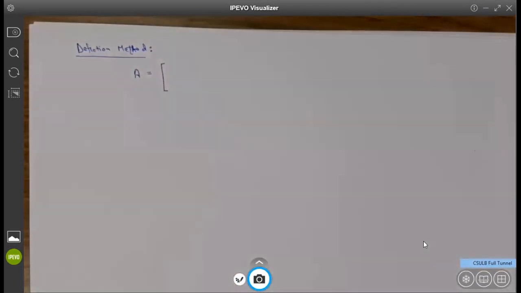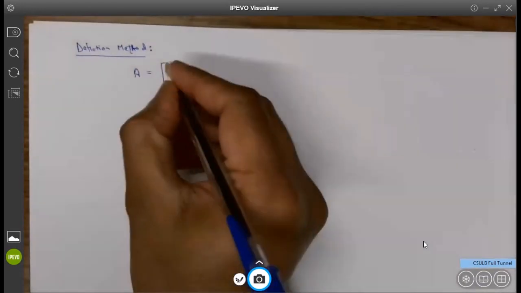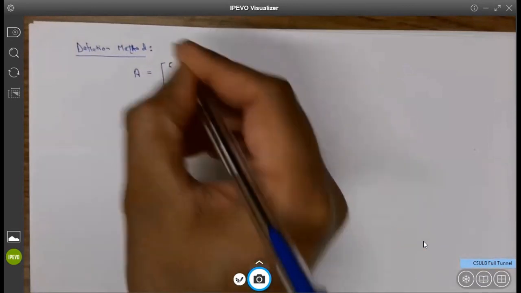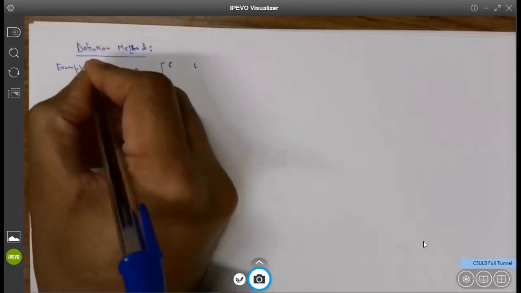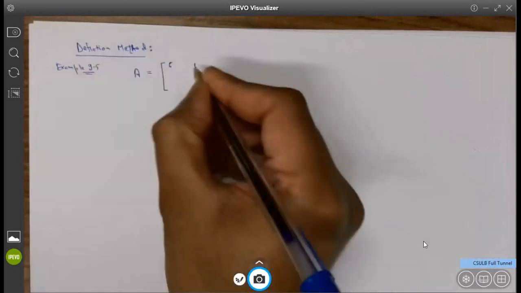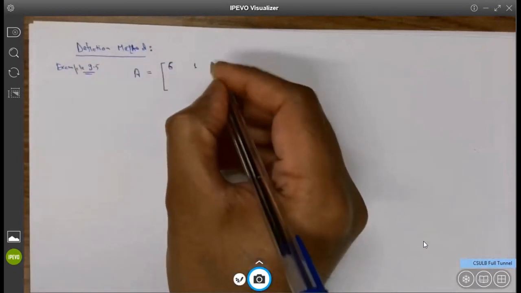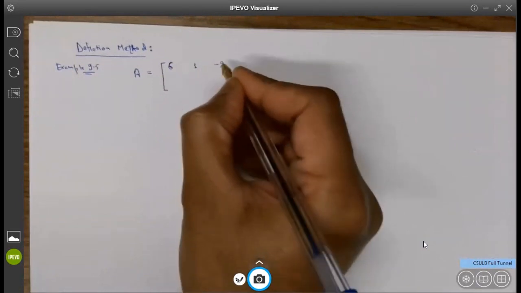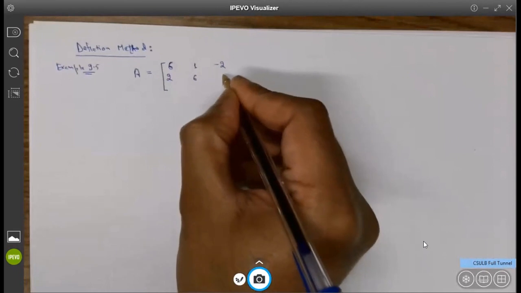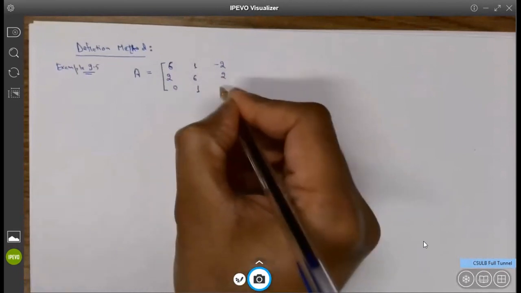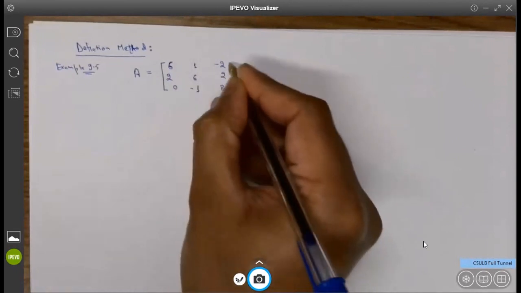So what the deflation method says is, let's say I have a matrix A, again I'm writing the same matrix. Well, this is from example 9.5 actually. This matrix is 6 1 negative 2, 2 6 2, 0 negative 1 8.